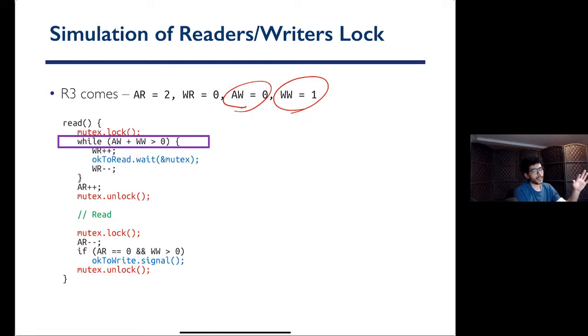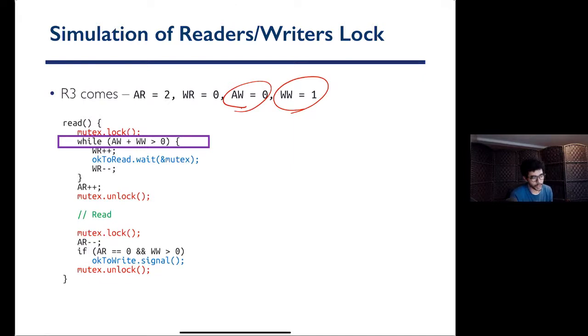So this is one area where we're prioritizing writers over readers. You might say it is safe for this reader to access the database because there are only 2 other readers, so it can become the third. That might be true, and in one implementation you might want to allow this. But in this particular implementation we're analyzing, writers have higher priority over readers.